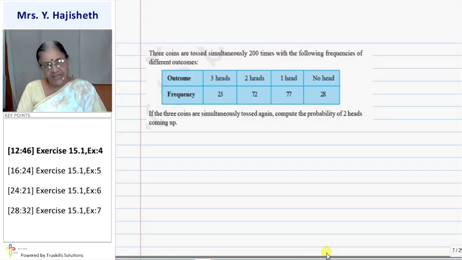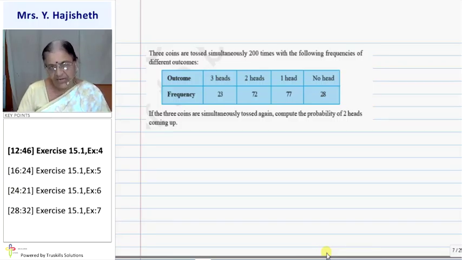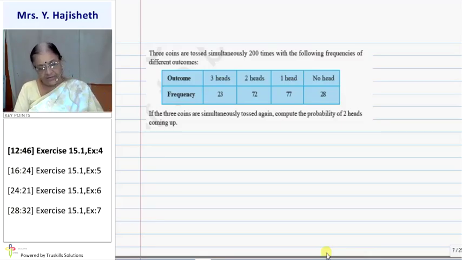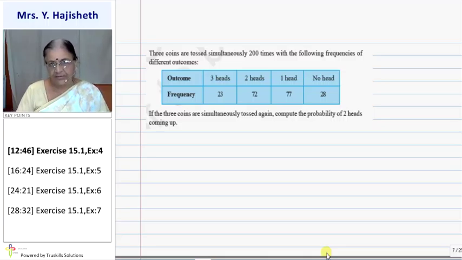Outcomes are given as 3 head, 2 head, 1 head and no head. 3 head occur 23 times out of 200 times. 2 heads occur 72 times. 1 head occurs 77 times. And no head, all T, occur 28 times.